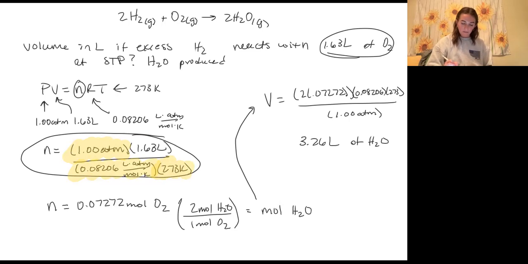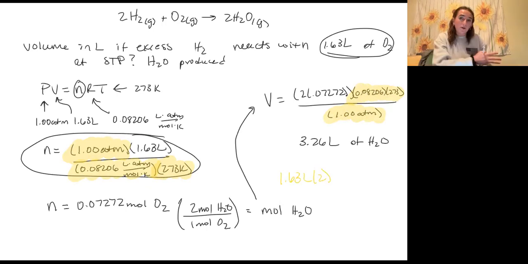We use that, multiply by 2, and then use that with the R value and 273, and then 1.00 again. So whatever you multiplied and divided by the first time, you do the opposite going backwards. So what this essentially boils down to is just your volume times 2, or times that mole ratio.